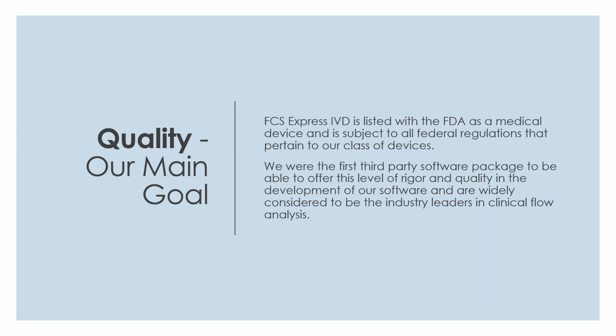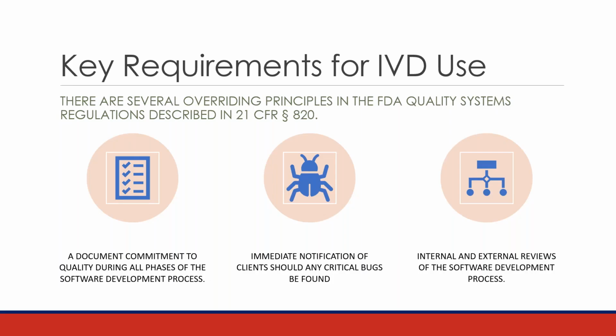So for those of you that might not know, FCS Express is listed with the FDA as a medical device. The reason we have that listing with the FDA is because our main goal with FCS Express is quality. And we are the first third-party software package to be able to offer this level of control design within a software. The reason we have this is because there are several key requirements for IVD use.